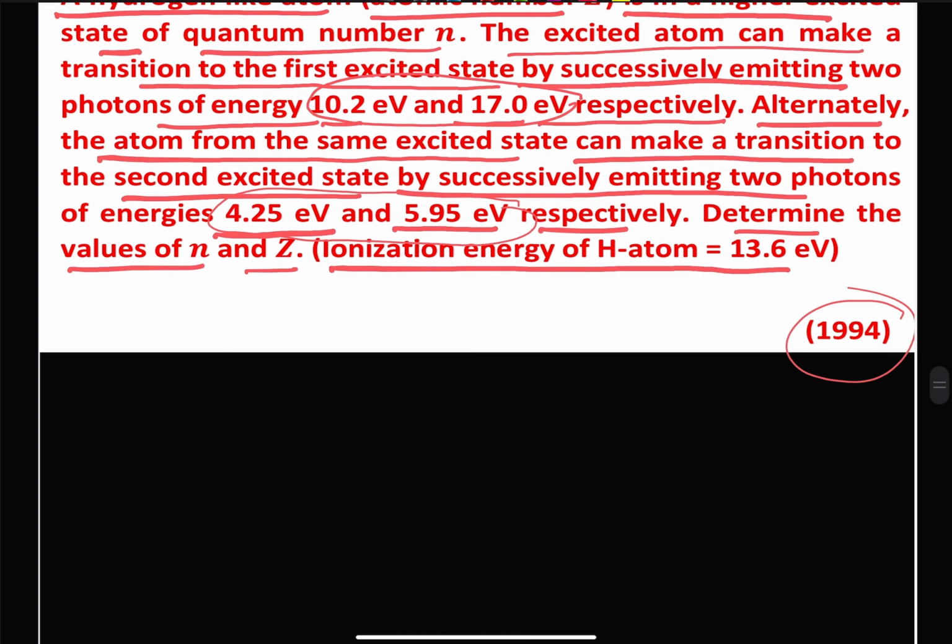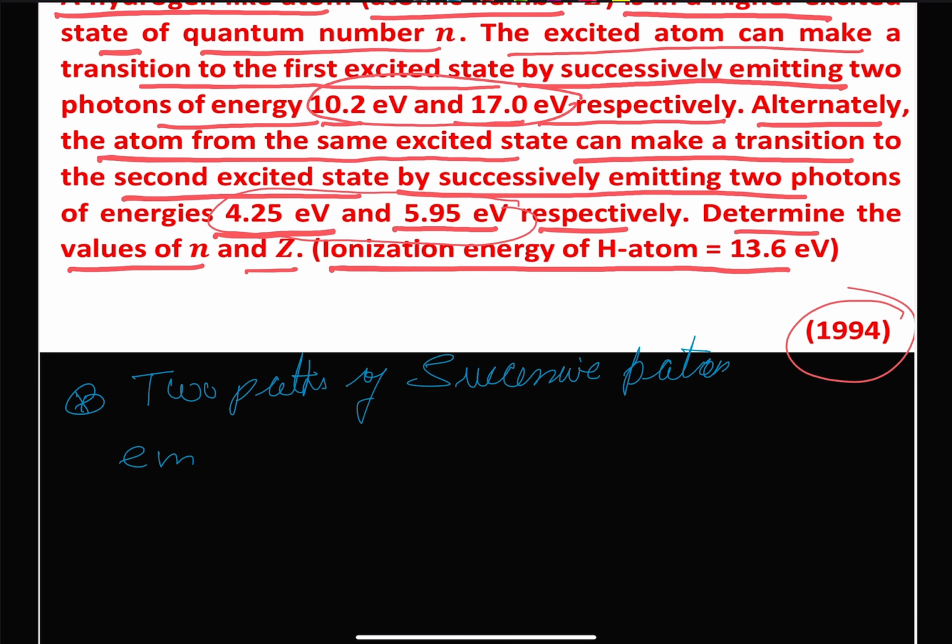So we can say that there are two paths of successive photon emission from the same excited initial state.